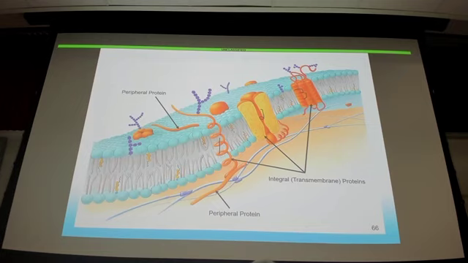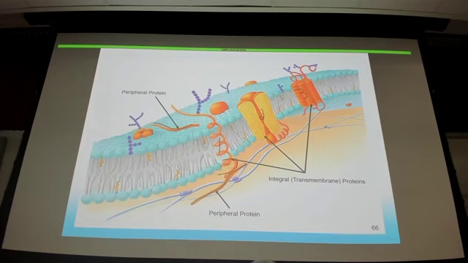And then inside or outside of the cell, like here, this one is called a peripheral protein. And you see different structures. Sometimes you'll have a peripheral protein. Like in this picture, this is a peripheral protein. It just happens to be kind of associated with this integral protein that's here.